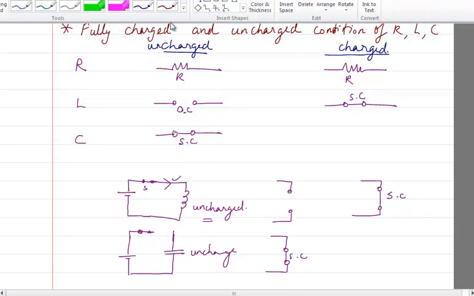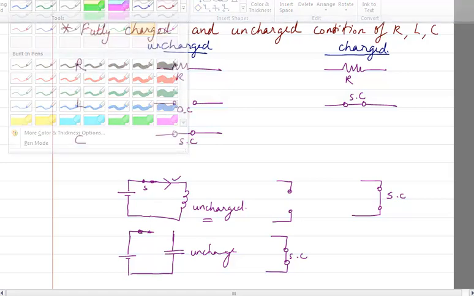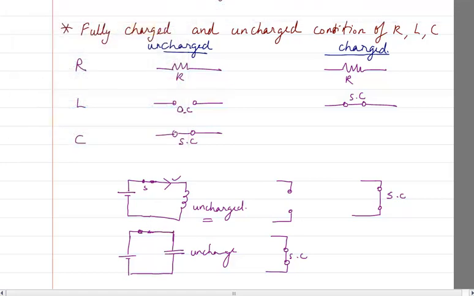It will block that current fully. The capacitor will block the current fully. It will not allow the current to pass through it when it is fully charged. So in that condition, we feel the capacitor to be open circuited. So the capacitor, when it is completely charged, is open circuited.